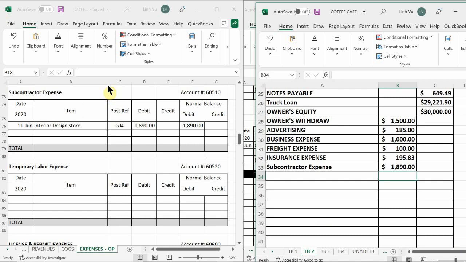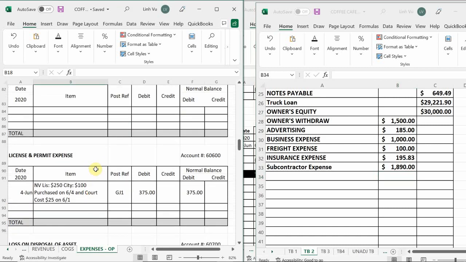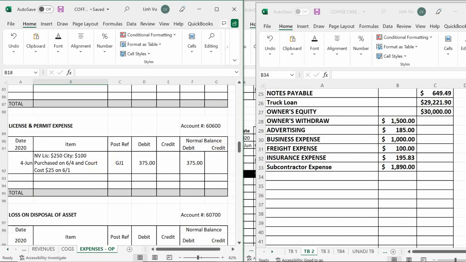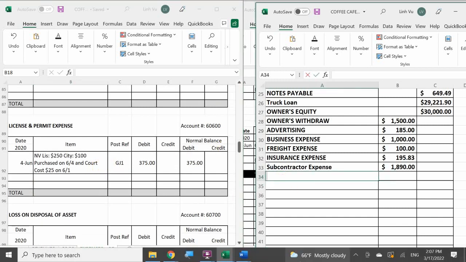Yes, we will incur that soon, but not yet, because they're not scheduled to work until the 17th all the way to the 19th, and they won't get paid until the 21st. So have we incurred it yet? No, it's pending sometime in the future. But yes, we will have a temporary labor expense. License and permit expense. Of course, we had to spend money to buy a license to do business.